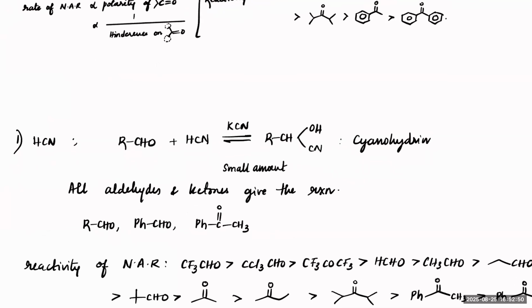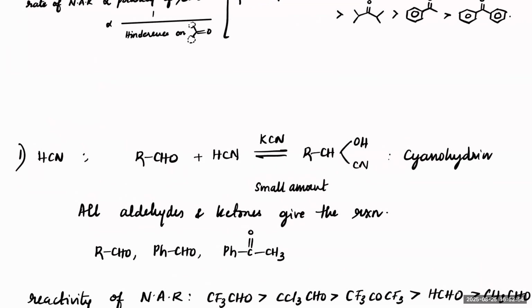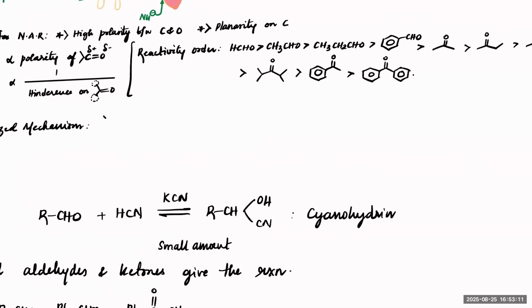Next, when a nucleophile and electrophile approach, there are two mechanisms. First, the acid catalyzed mechanism. What does that mean? Suppose you have a ketone like this, and then H plus, and a nucleophile is present.